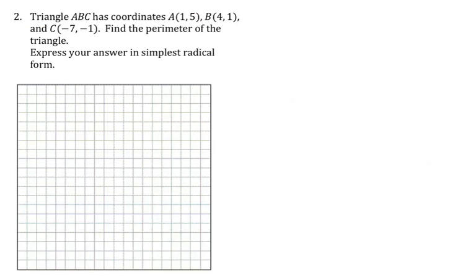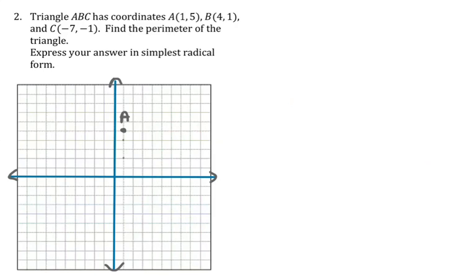In triangle ABC, find the perimeter of the triangle. So once again, I'm going to try to plot those 3 points. First, A is 1, 5. So 1, 5, 2, 4, 1, 5.